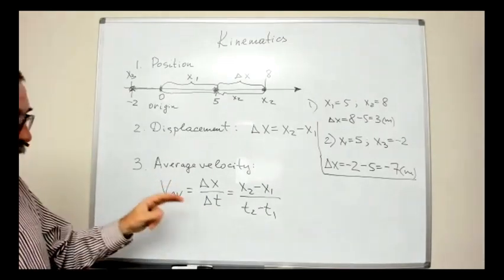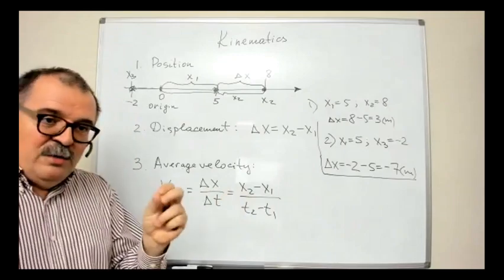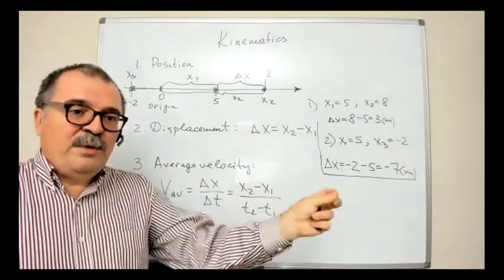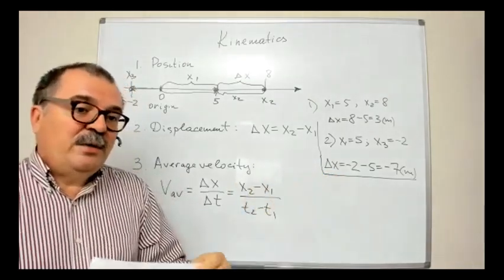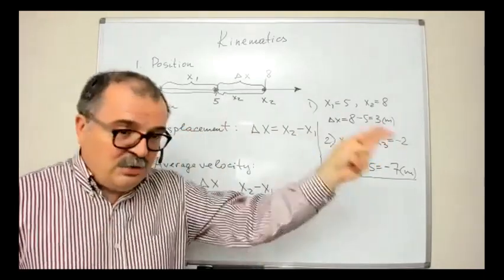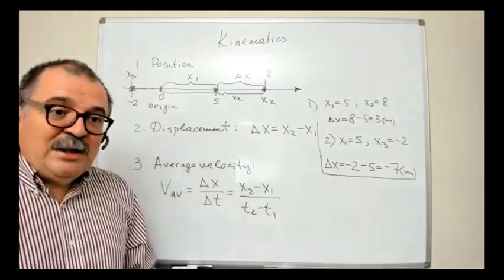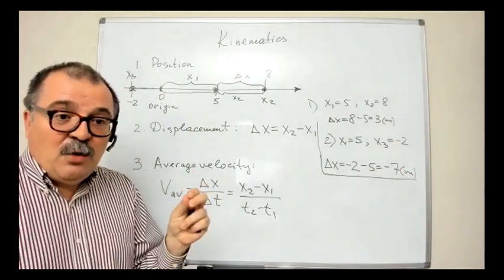This property is named average because we measure it during a finite time interval. In that interval, if you're not talking about a runner who is running in one direction only along a straight line, you may have a much more complex motion.